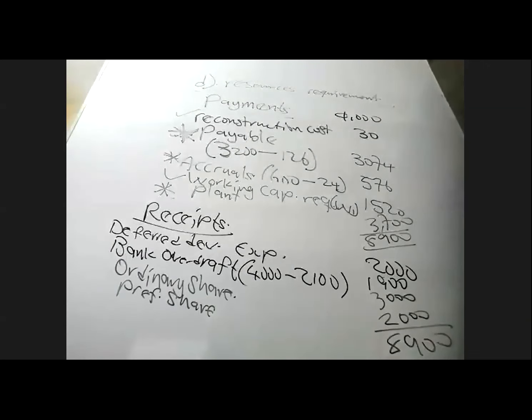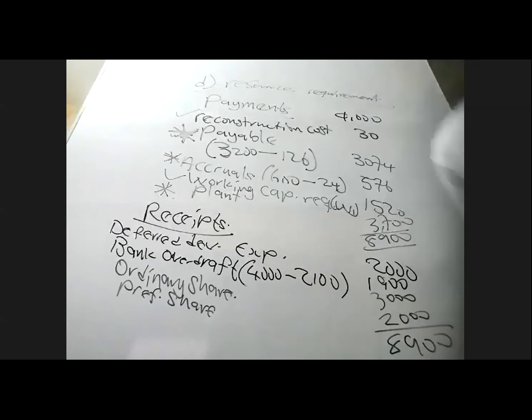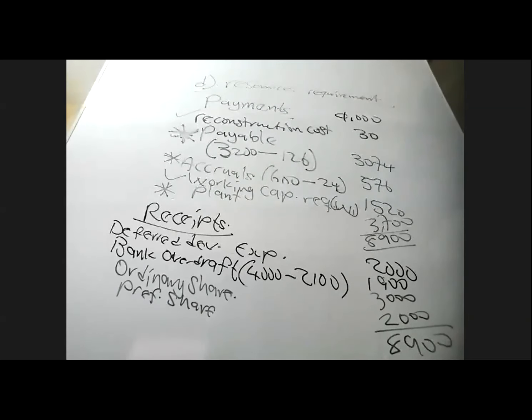Okay, now let's see how you are going to write a scheme. The scheme is short. You don't need two pages, you don't need a long write-up, just a summary.